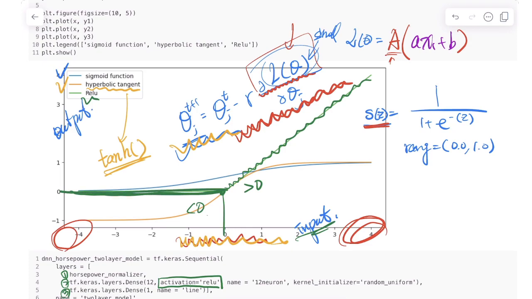Although it looks like linear, technically it is non-linear. It is linear when the input value is larger than 0, but actually it is a non-linear function. We use it quite often because it keeps the value. We will show you how it works later.